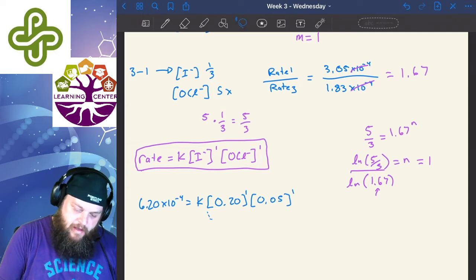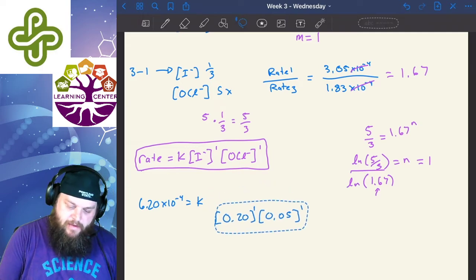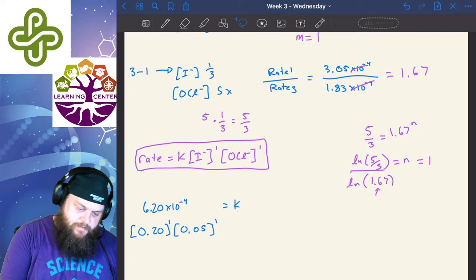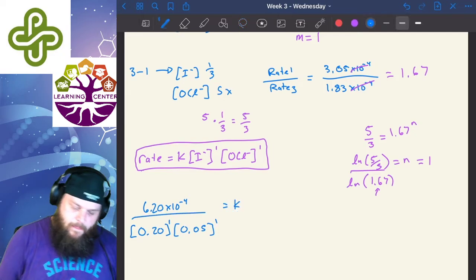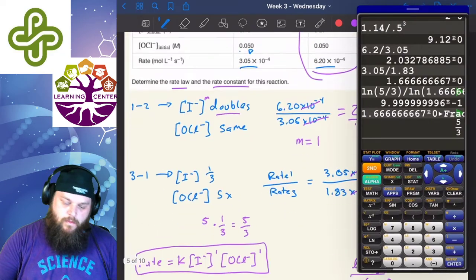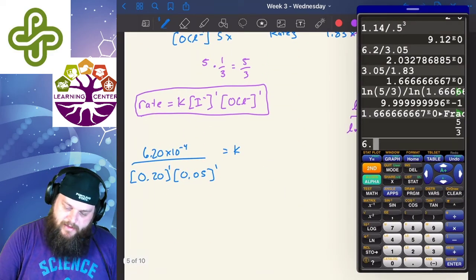Solving for K, I can take this and divide each side by both values, and we get something along the lines of this. And we solve for K. So doing that, 6.2 e to the negative 4 divided by parentheses.